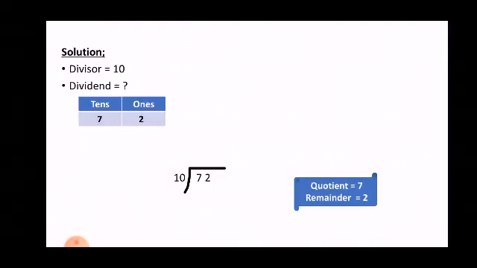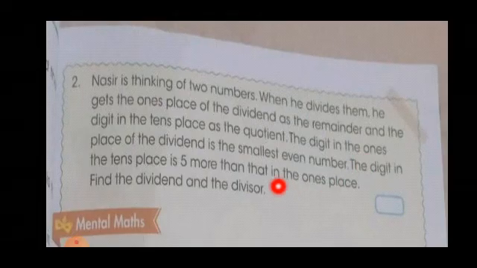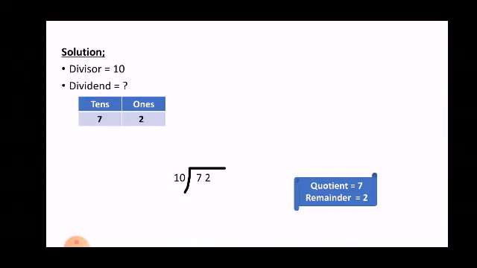As we have 2 on the ones place, let's add 5 to it. 5 more than that means we have to add 5. So 2 plus 5 equals 7. So 7 is the digit on our tens place. We'll write 7 on the tens place. So this is our dividend, 72.